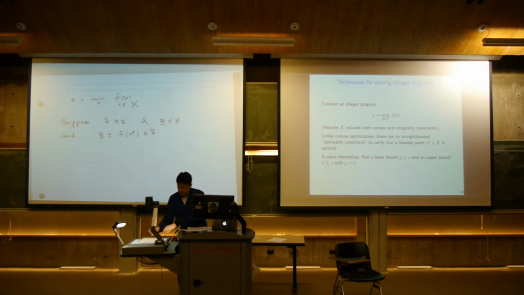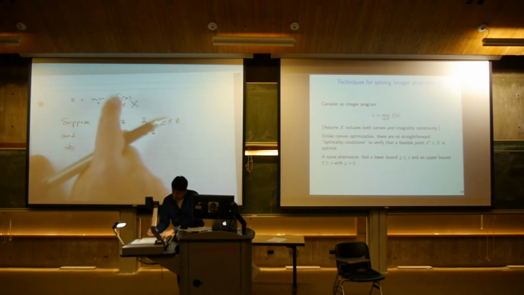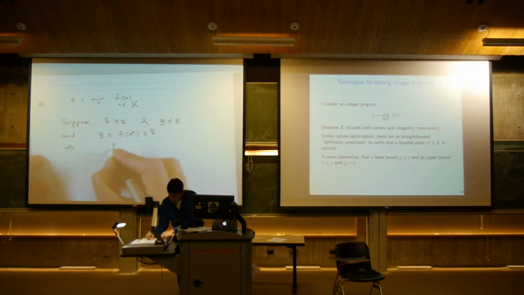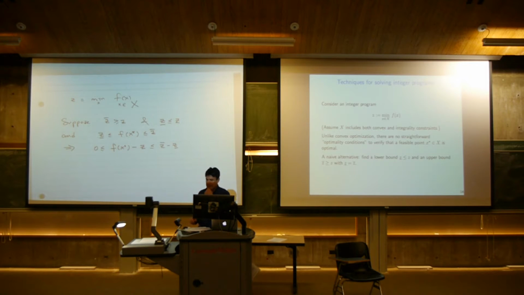So it immediately follows then that, since I'm minimizing, this guy has to be bigger. So this guy minus z has to be bigger because I'm minimizing, and this is going to be smaller than z bar minus z bar.